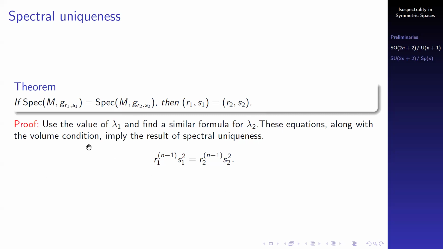And the volume condition is this second one. We also had to compute some multiplicities. And that led us to distinguish two manifolds within the family. And that ends the first case, the first family of metrics.